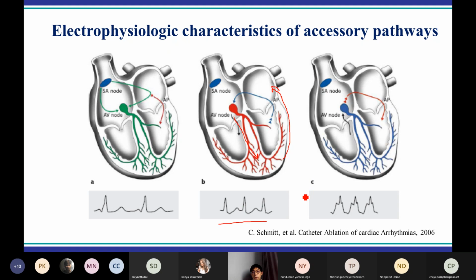Another electrophysiologic characteristic of the accessory pathway is antidromic tachycardia.